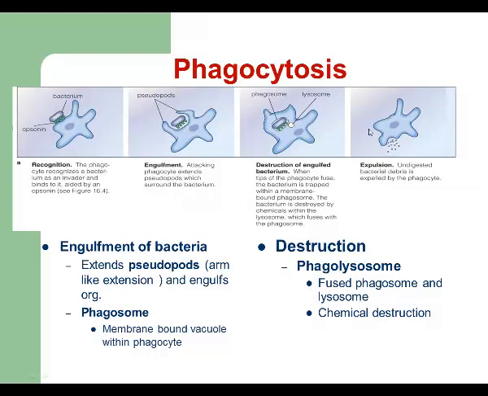And finally, the last step of phagocytosis is called expulsion. Expulsion means debris of the destroyed pathogen is released into the bloodstream. The whole process of phagocytosis takes about 30 minutes or even less to destroy the engulfed pathogen.